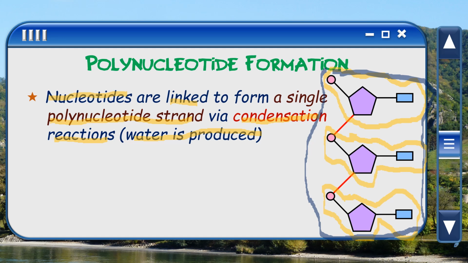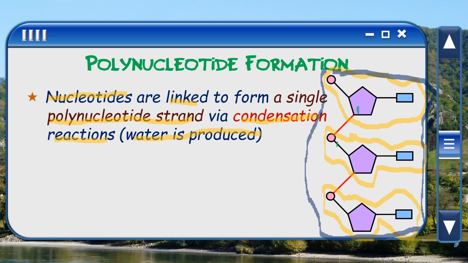So what is going to happen between this nucleotide here? This is on carbon atom number 3. If you look at carbon atom number 3 of this nucleotide, it is going to form a bond with the phosphate here, which is on carbon atom 5.